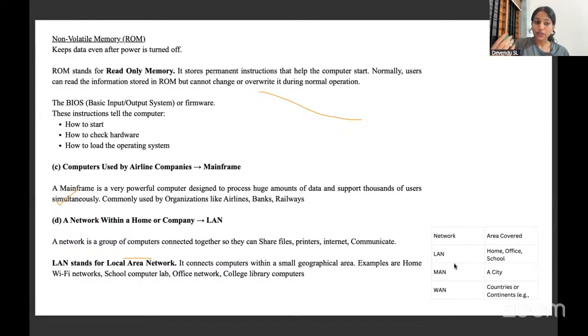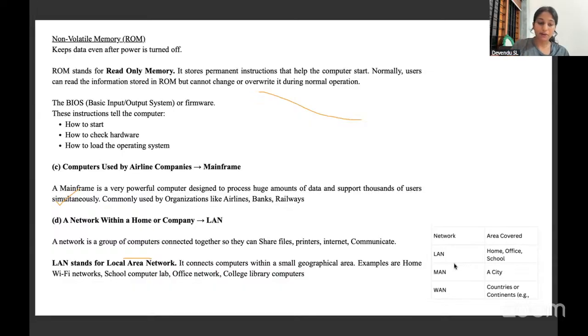So in order to boot up the computer, we need the basic input output system, which is included in read-only memory. So option C, the computer used by airline companies, is mainframe.